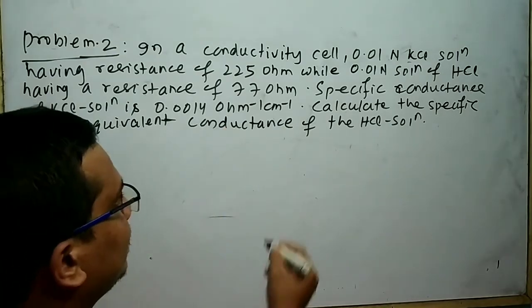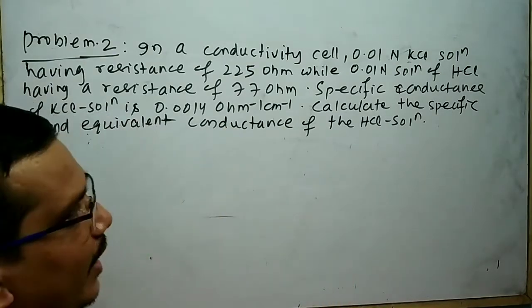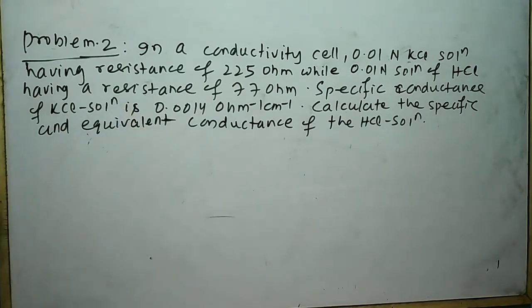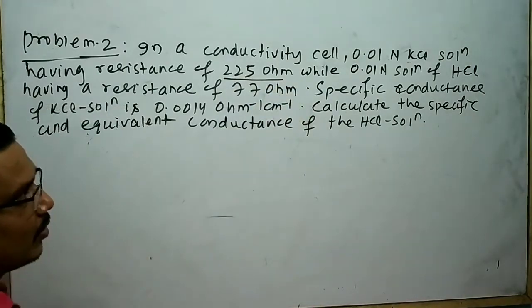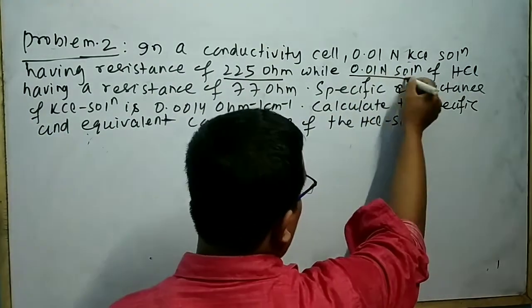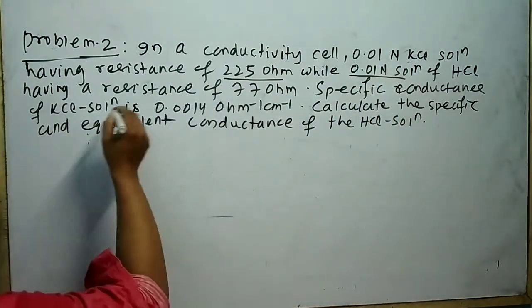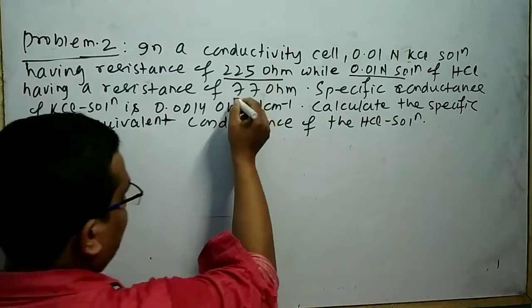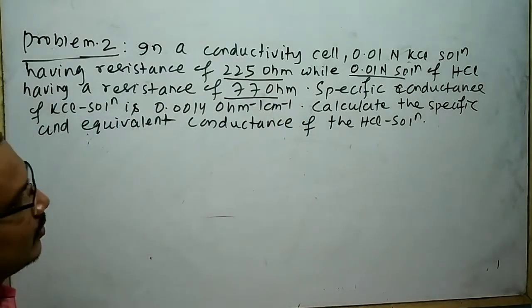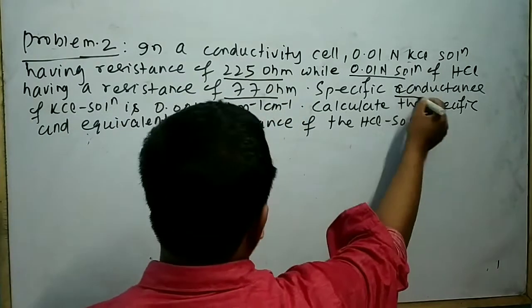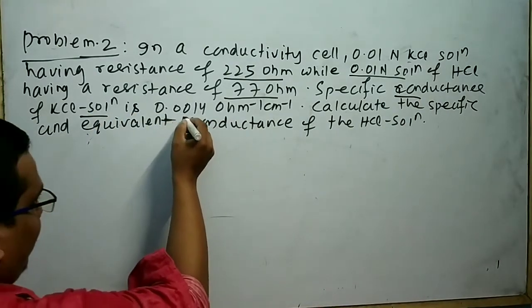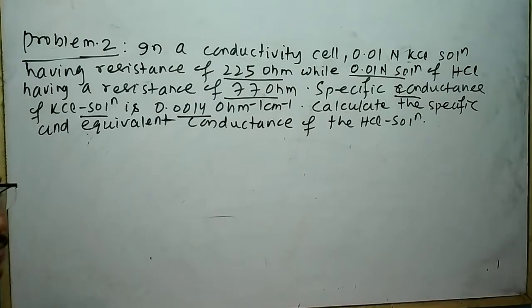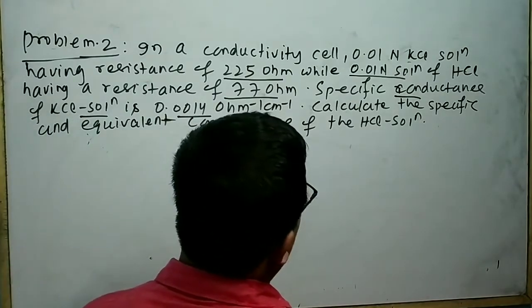Now I will do problem number 2. In a conductivity cell 0.01 N KCl solution having resistance 225 ohm, while 0.01 N solution of HCl having resistance 77 ohm. Specific conductance of KCl solution is 0.0014 ohm inverse centimeter inverse.